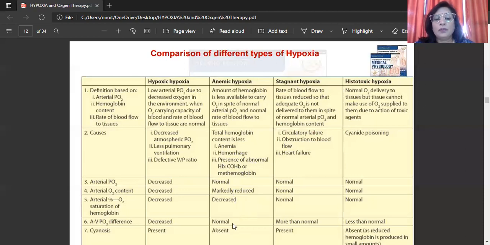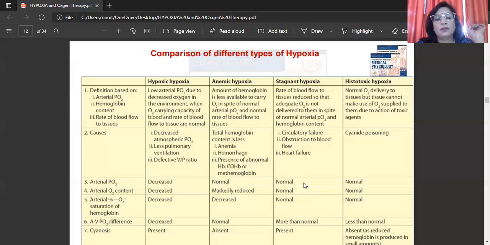AVPO2 difference will be normal and cyanosis will be absent. In stagnant hypoxia, the rate of blood flow to the tissue is reduced, so that adequate oxygen is not delivered in spite of normal arterial oxygen. The causes we have seen, we'll quickly revise: circulatory failure, obstruction to blood flow, and heart failure.